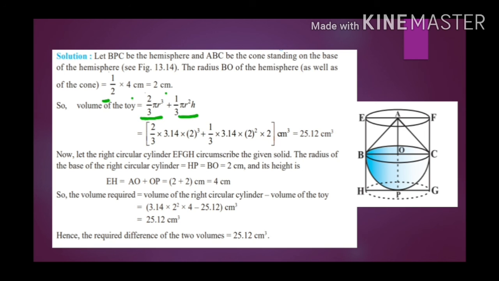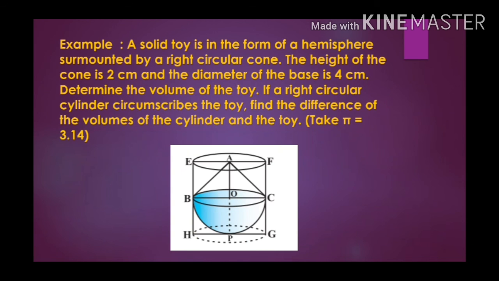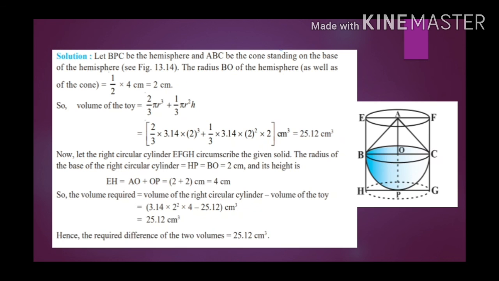Okay. So in place of r put 2, and in place of h, look at here, for the cone the height is given, height is equal to 2. So put in place of h 2, you will get the volume of the toy as this much.